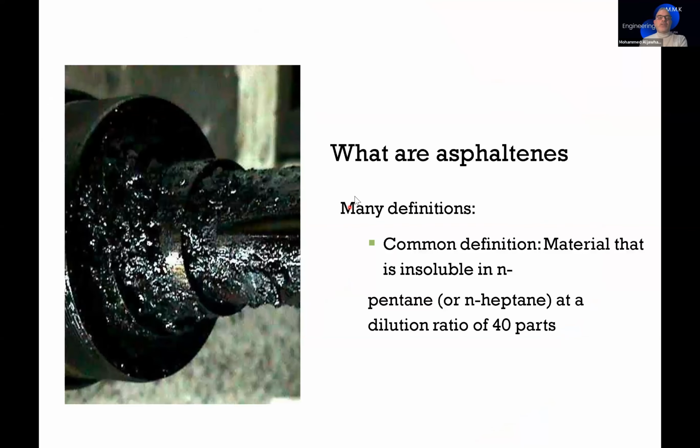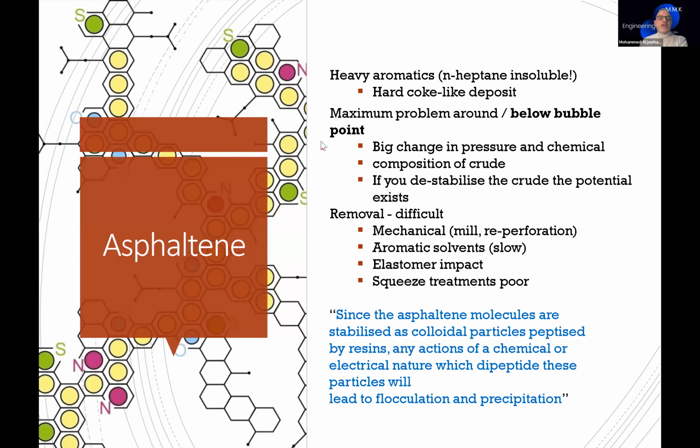Asphaltene. The other problem we have to consider is asphaltene. Asphaltene is a kind of material that is insoluble inside the wellbore, maybe inside the reservoir. It's heavy aromatics, and it's a very big problem for us.